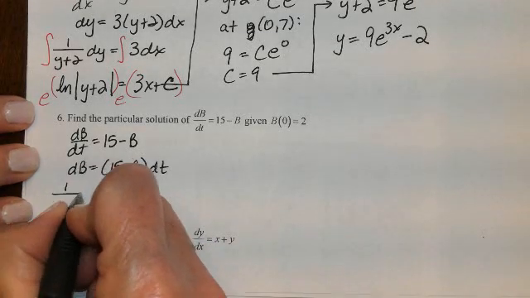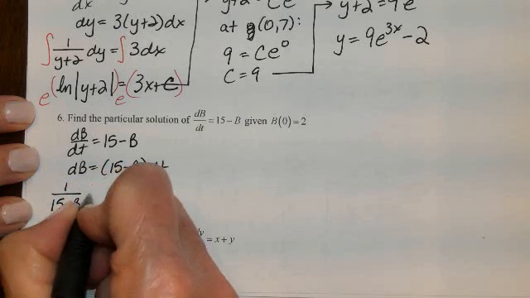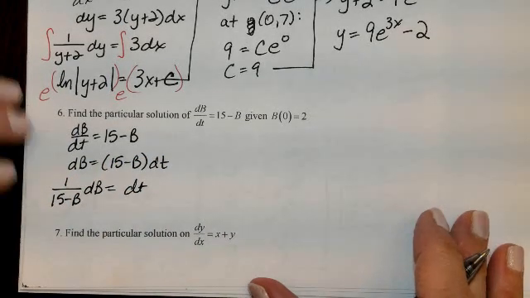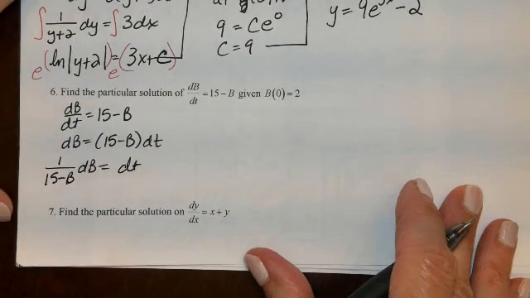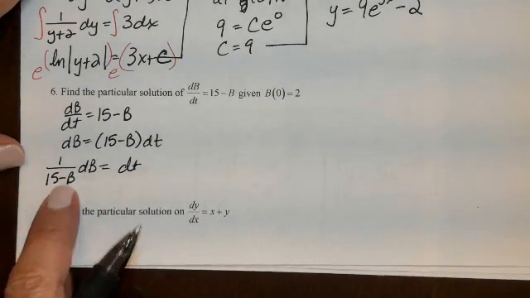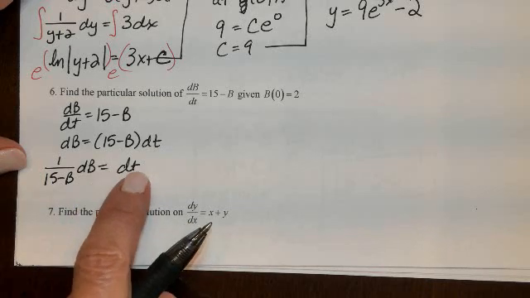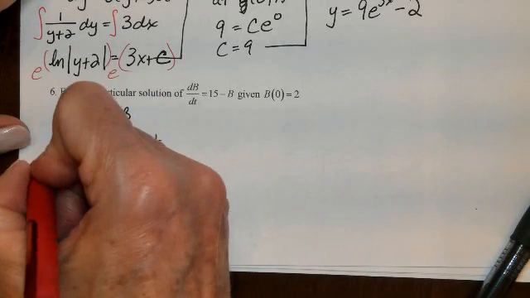So I'm just going to leave it like this. This is separated: function of b times db, function of t, 1, times dt. So time to integrate.